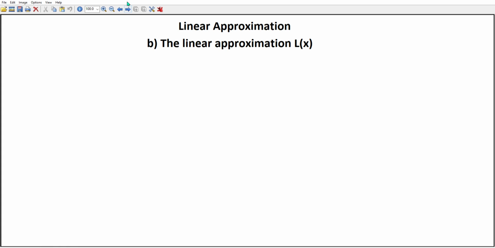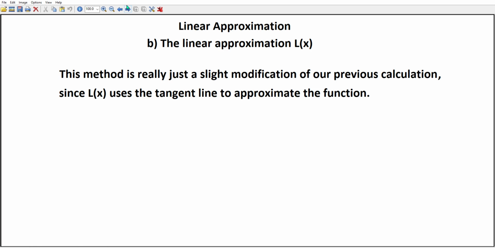Okay, now we're going to do this using the linear approximation L of x, which is pretty much the same thing we just did, because L of x uses the tangent line to approximate the function. So we write down the tangent line again, y minus y naught equals f prime of x naught times x minus x naught.